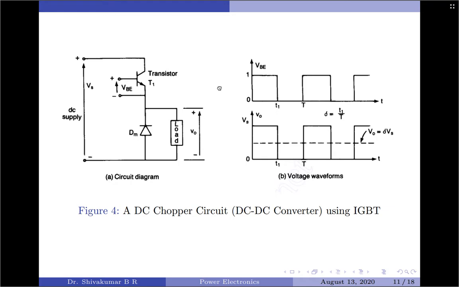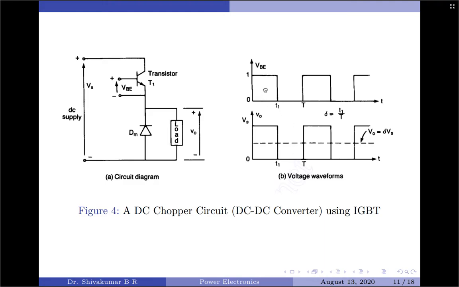So, the input is continuous DC, but the output is pulsating DC. Now, this pulsating DC comes from the fact that it is the analyst who gives the base voltage to the transistor, and this base voltage is usually designed in a periodic way. Probably you can look at this. Between 0 to T1 you are providing a base pulse, and between T1 to capital T, which is the period of operation of the transistor, the output is 0.